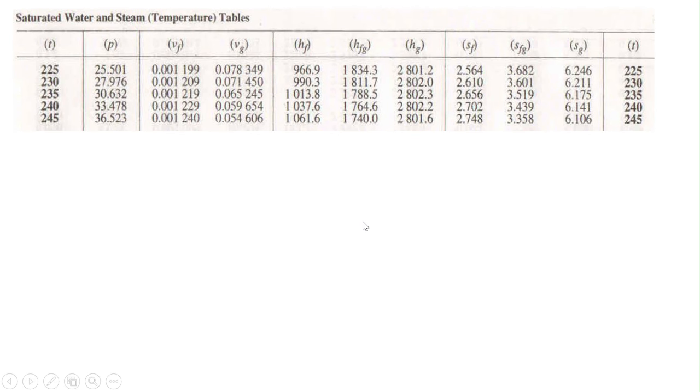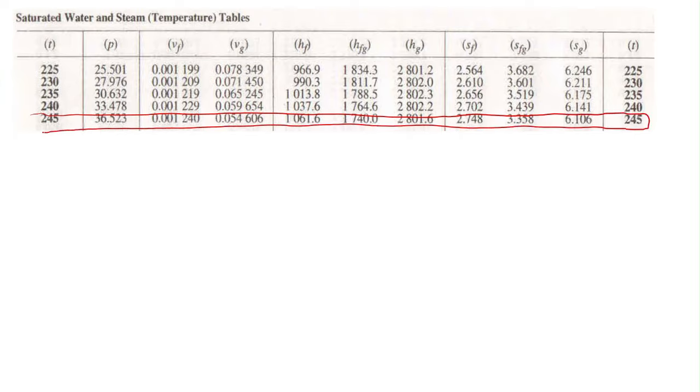Here I have given the steam table for the particular value, 245 degrees Celsius. For our convenience, I have given the screenshot of these values. First we know the total volume is equal to the volume of liquid plus the volume of gas. Here we need to find the volume of liquid and the volume of gas.